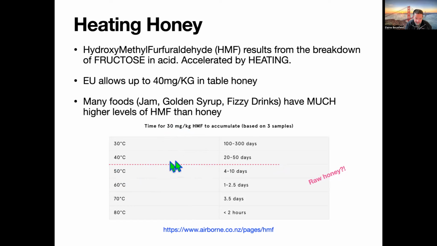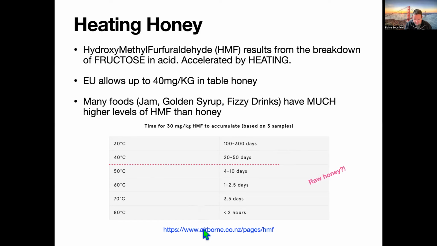So I'm not getting anywhere near the danger levels of HMF. And I think heating the honey you'll always lose something, but there's no other way. You have to do that to get it runny and get it into jars. And lots of people don't buy honey if it's granulated, so it is a problem.